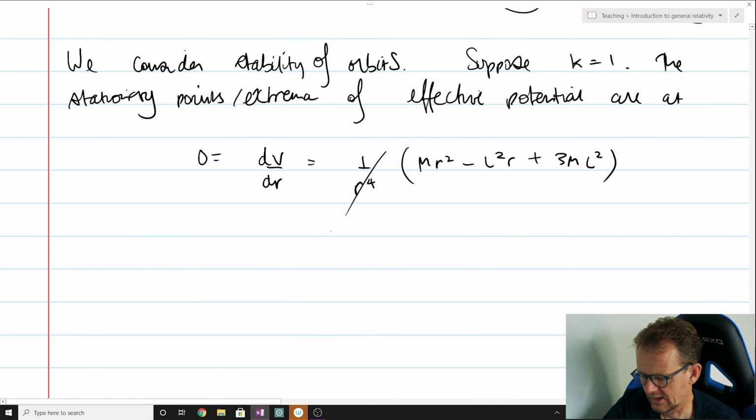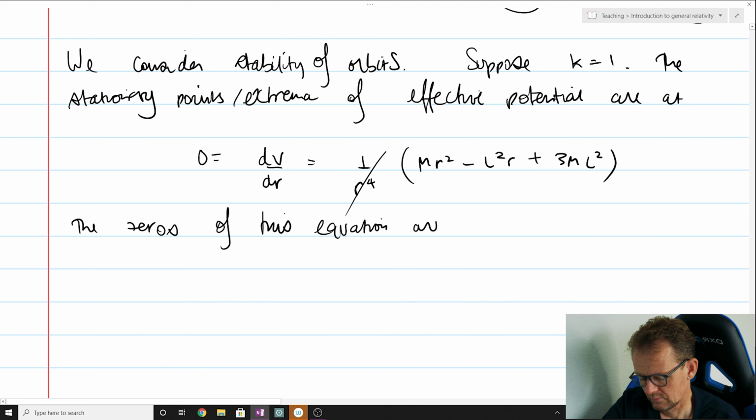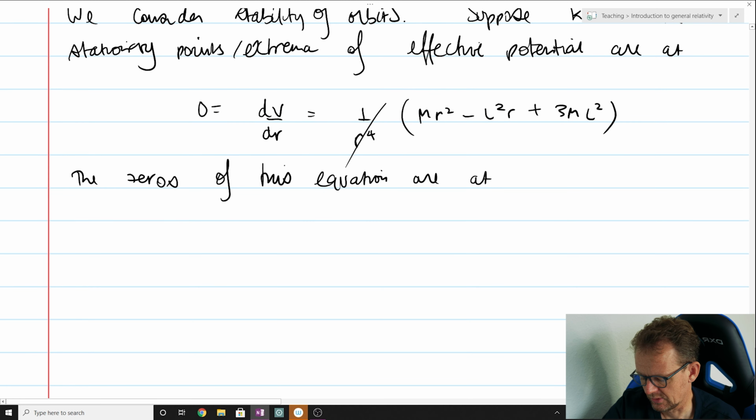And we can just straight away cancel off the r to the 4. And we're left with a quadratic equation. So we can just write out those zeros. We've got two kinds: we've got r plus and we've got r minus, from the quadratic formula.